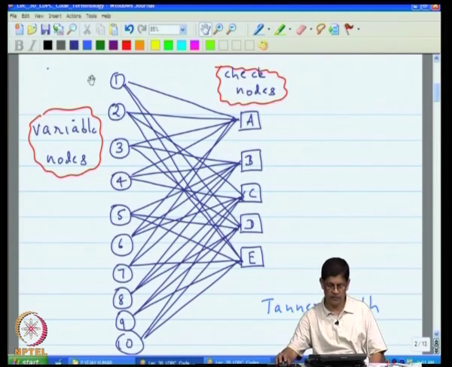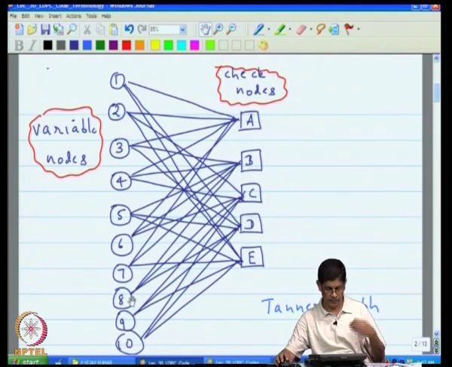Okay, so, messages are going back and forth, these are the variable nodes, these are the check nodes. Now, initially if you think about it, the variable nodes are the ones that will initiate message passing, because they are the only ones who have any information at hand, and that information is what they get from the channel input.